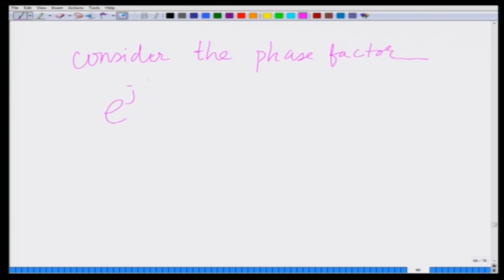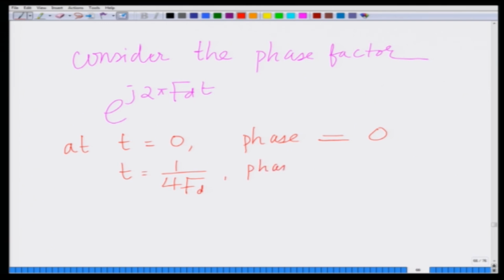e to the power of j 2 pi f d t. Now, at t equal to 0, the phase equals j 2 pi f d times 0. So, it is 0. At t equals 1 by 4 f d, the phase equals 2 pi f d times 1 by 4 f d, which is equal to pi by 2.